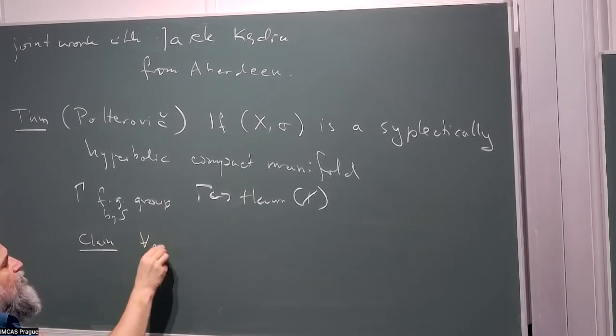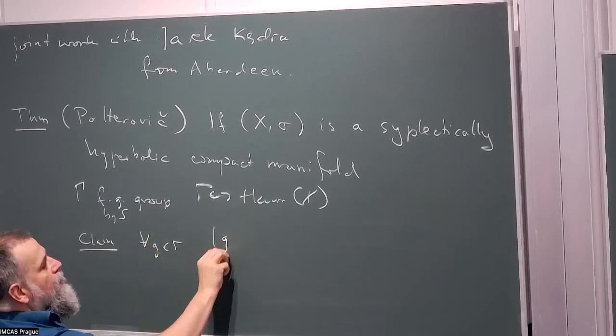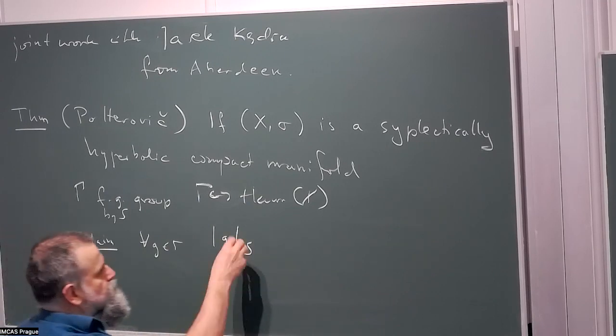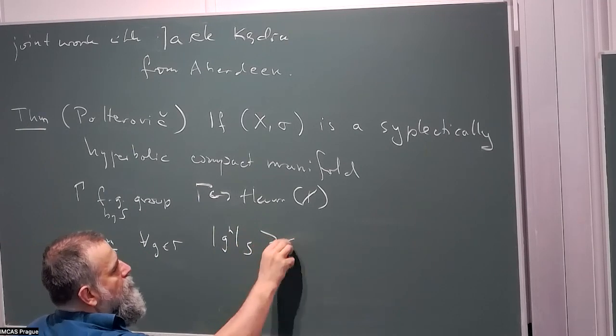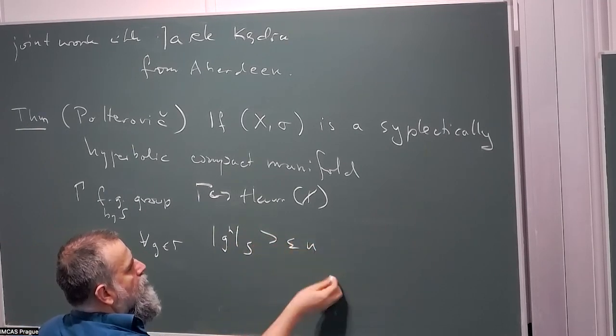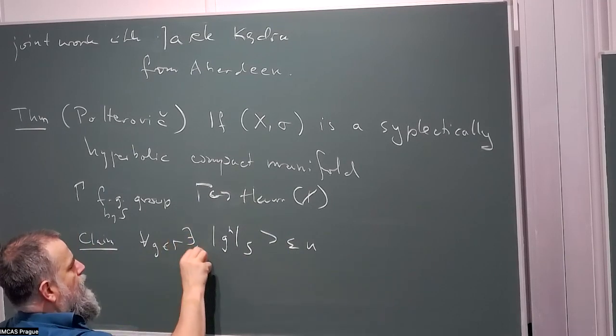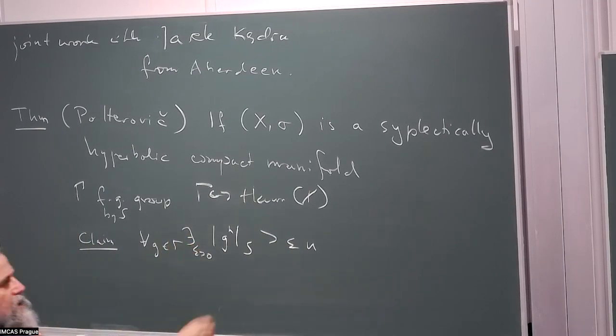The claim was that for every g, the word length of g with respect to this generating set, for every g there exists a positive epsilon such that every element grows linearly.